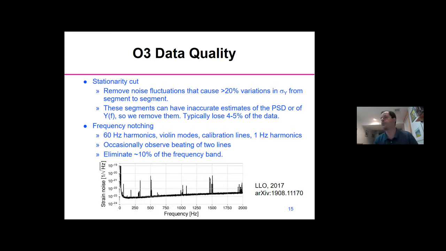There may be a pump going on relatively nearby that causes an elevated noise at a particular frequency bin. So things like that we identify and notch out so as not to contaminate our final results. And roughly speaking, we lose about 10% of the frequency band once we impose the cuts on both detectors.